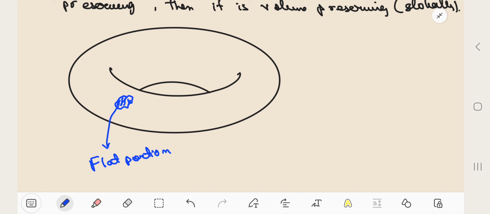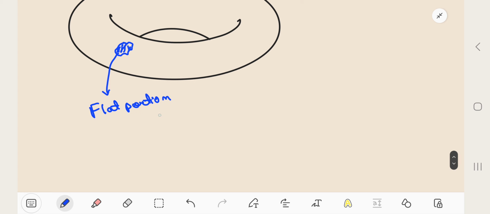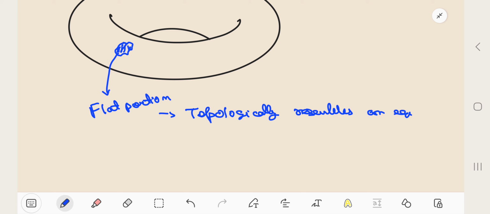You can imagine this to be any small region over the surface of a donut. So it is a very flat portion, and topologically, or even visually, it resembles an equivalent small region in Rn.